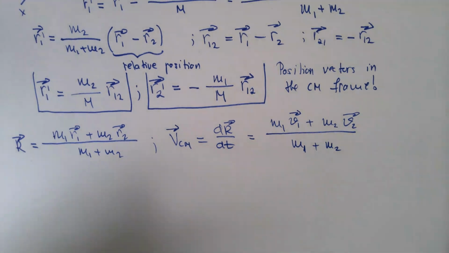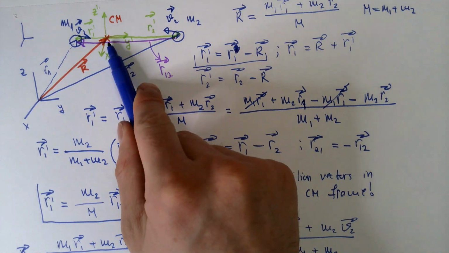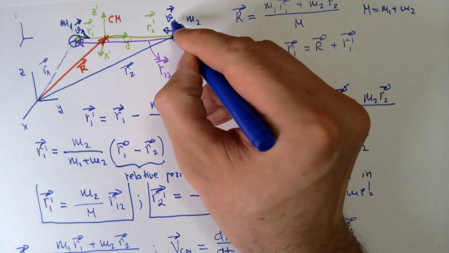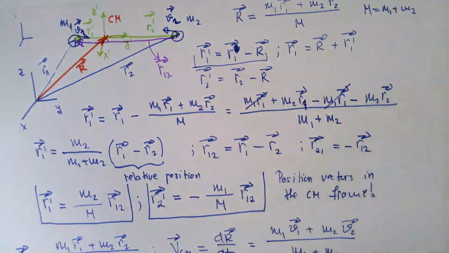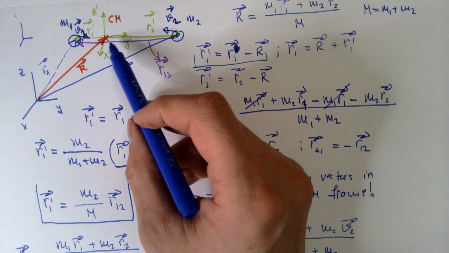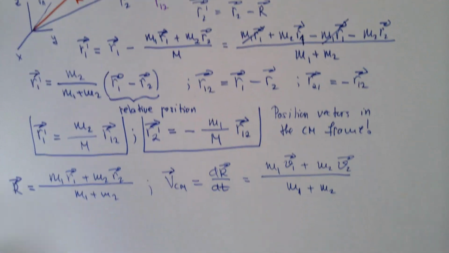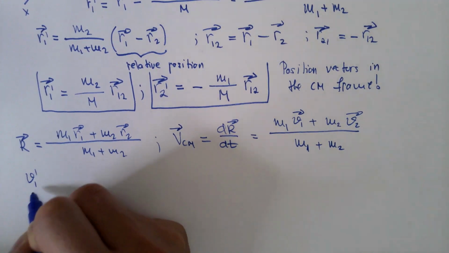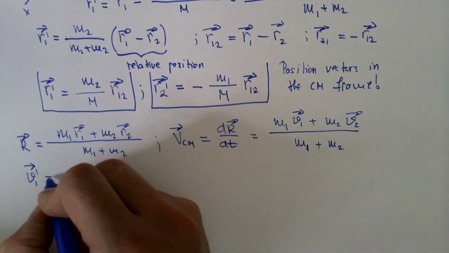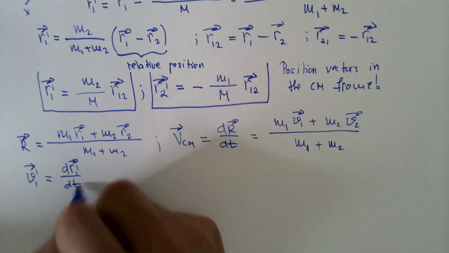Further, let us calculate the velocity of these two particles in the center of mass reference frame, because velocities v1 and v2 are velocities in this laboratory reference frame. But what we are interested in is these velocities in the center of mass reference frame, because we will see something remarkable when it comes to the center of mass reference frame. v1 prime, and the prime was used for the center of mass reference frame, is equal to dr1 prime/dt.